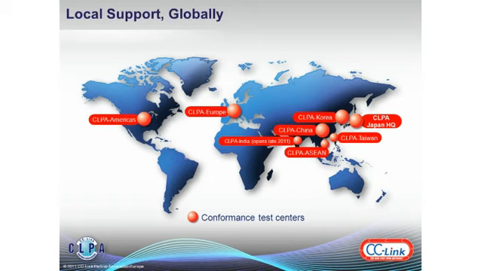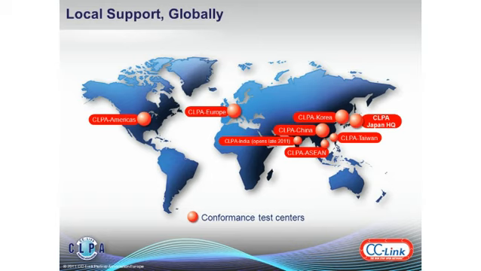And a final point on this slide is that one of the key things that we promote for CC-Link is its high degree of interoperability with other devices on the network. The way we actually enforce this is to make conformance testing a highly recommended requirement of joining the network.